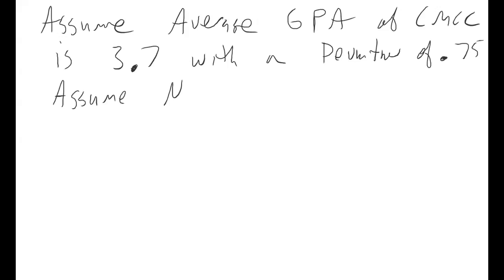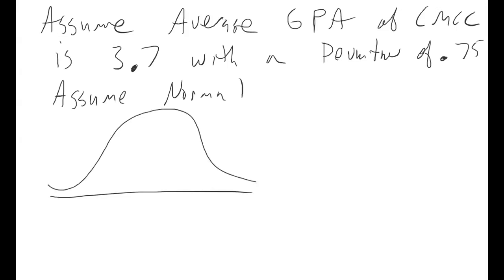So we draw our picture. We have a 3.7 average with a standard deviation of 0.75.